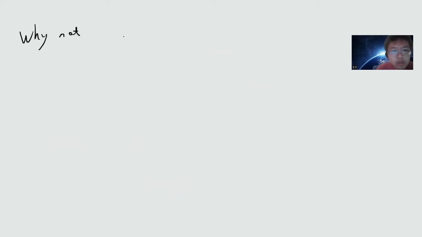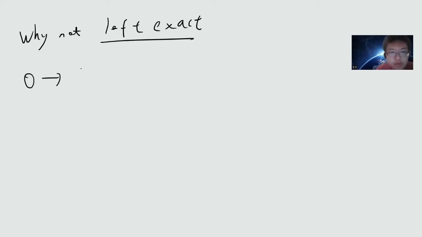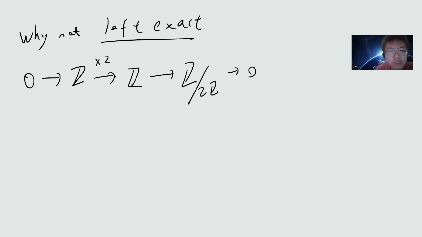There is a simple example. If you learned algebraic topology, then this example should not be difficult for you. Start from 0 to Z, where you go to Z, where you go to Z2, then to 0. It's times 2 here. Hopefully this is correct.